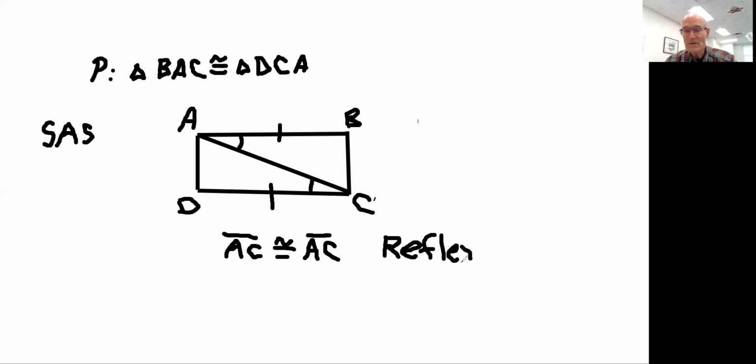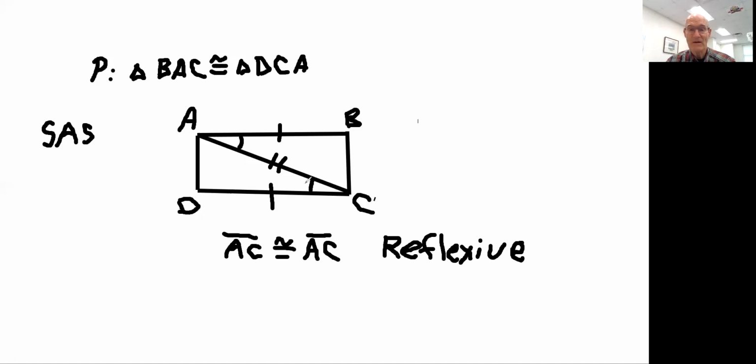What I've shown here is a pair of sides, a pair of angles, and right down the middle, AC equal to itself.